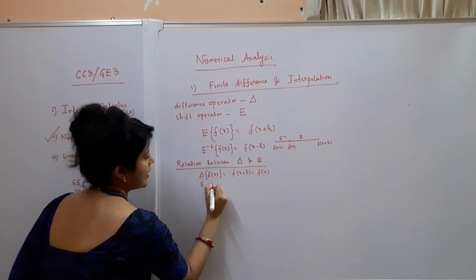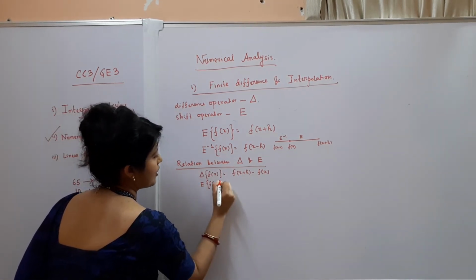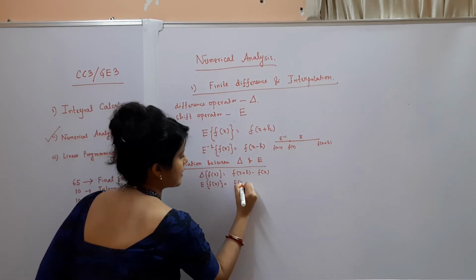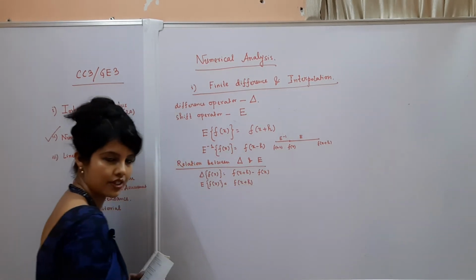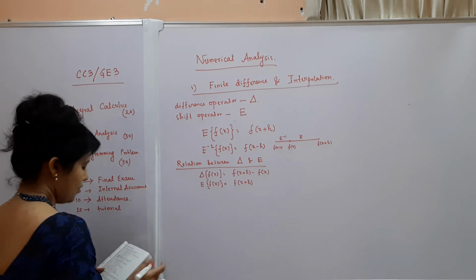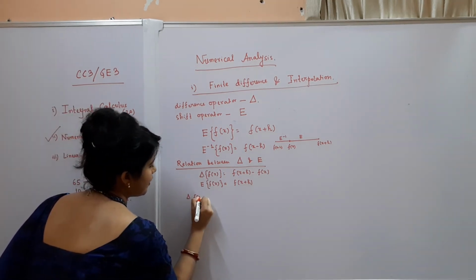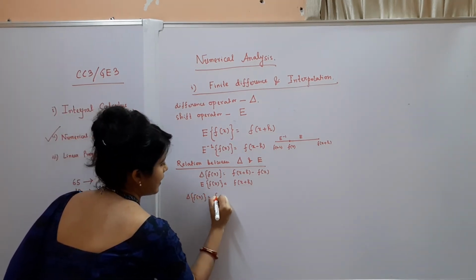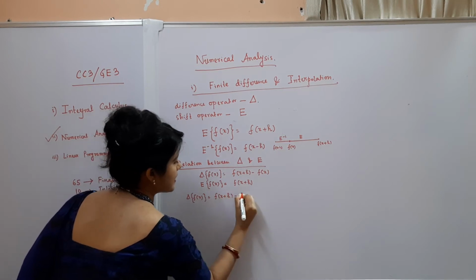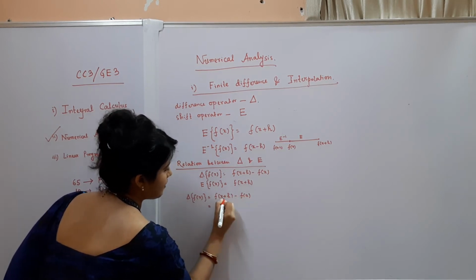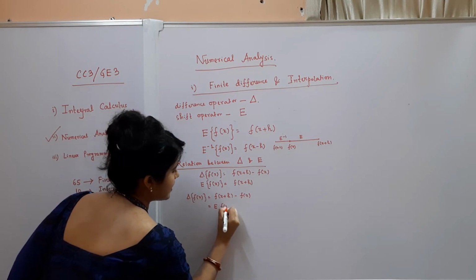And whenever the shift operator is applied on f of x, you will get f of x plus h. So delta f of x is actually f of x plus h minus f of x, and in the place of f of x plus h, you can write E of f of x.